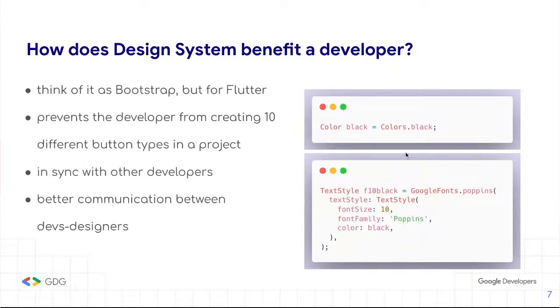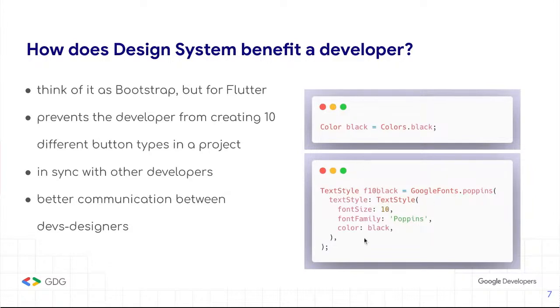And using this, one more benefit is that you're going to be in sync with other developers, because this file is going to consist of all of the data values, right? So if you change something here, it's going to be applied to all the other places that use F10 black.